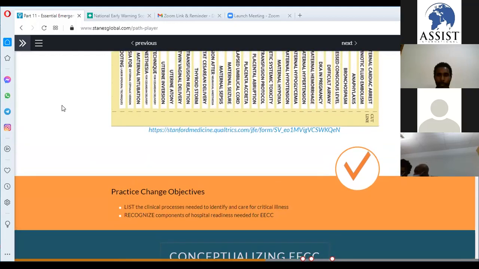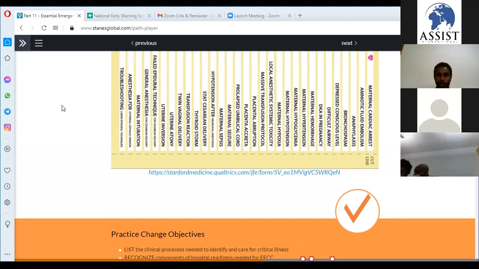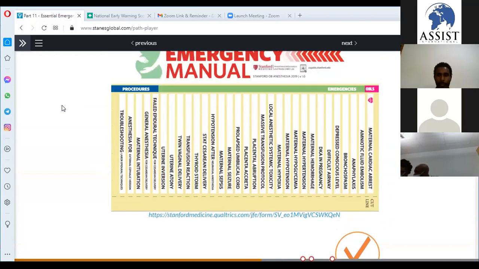So far we have seen how we can identify a patient who is at risk of deteriorating by using different warning signs and different scoring systems, and also the use of these cognitive aids to ease our work.